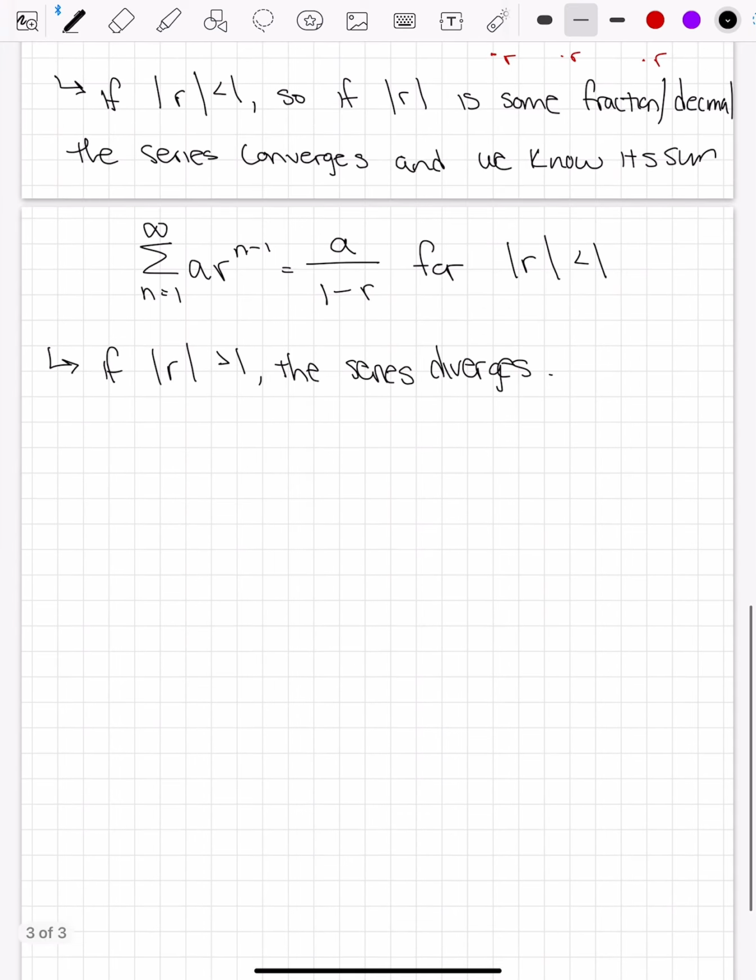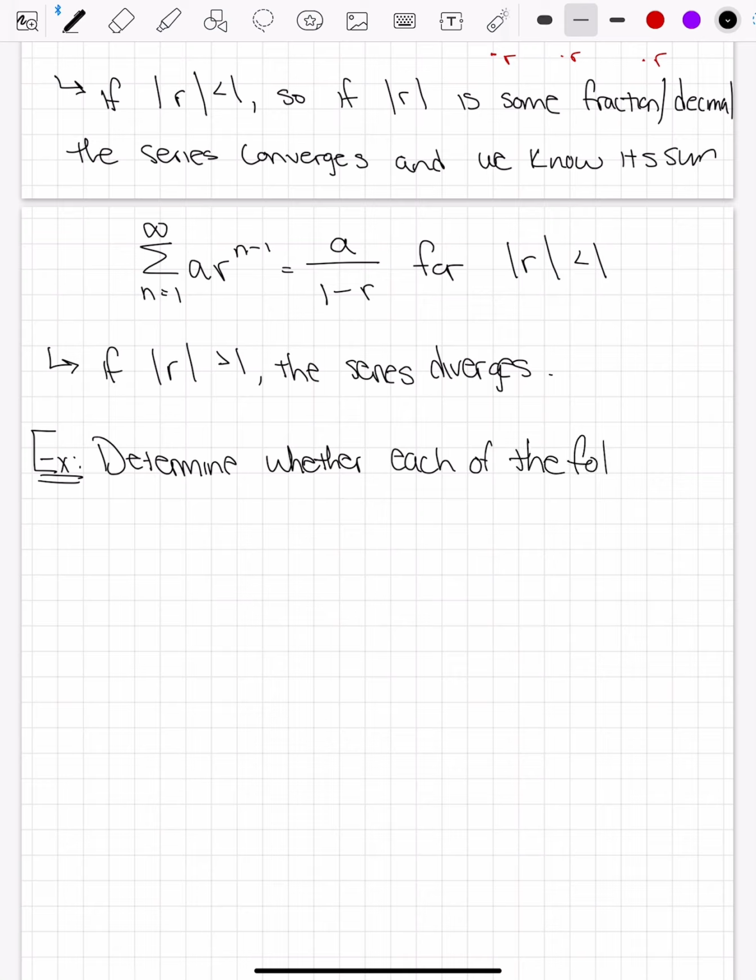So let's do an example of this. This says determine whether each of the following converge or diverge, and I'm going to choose one to do.